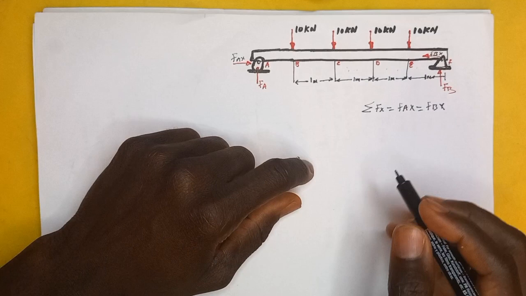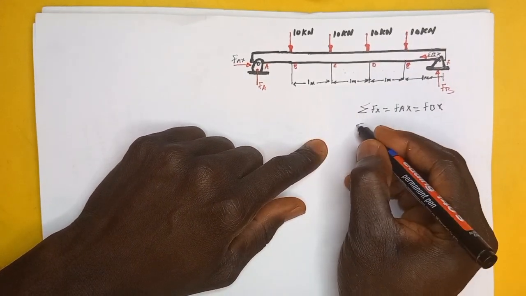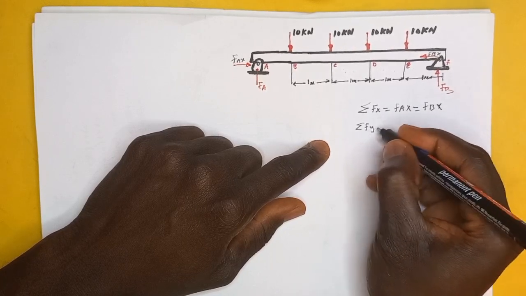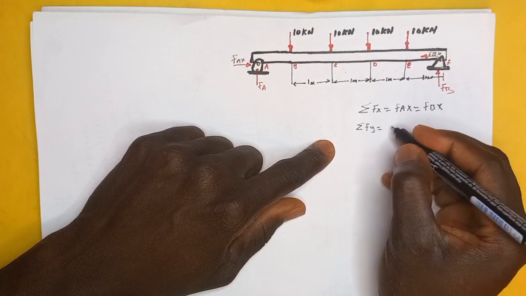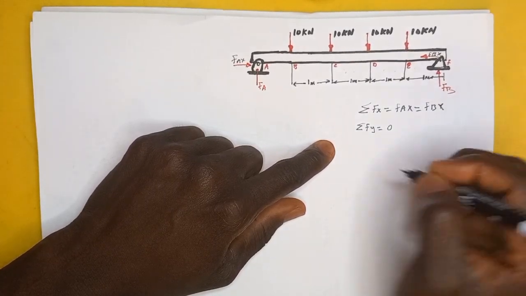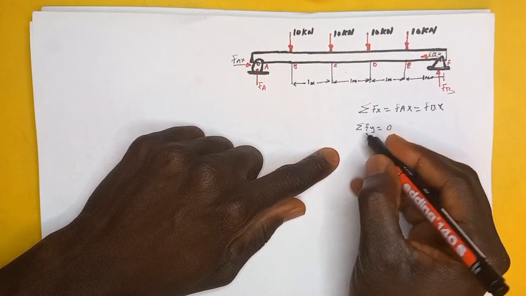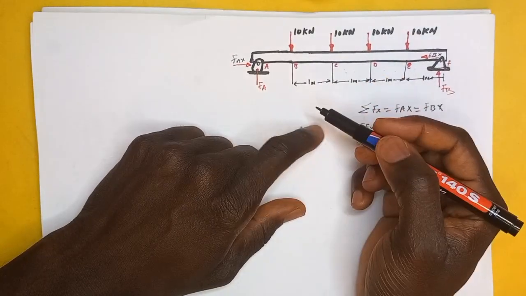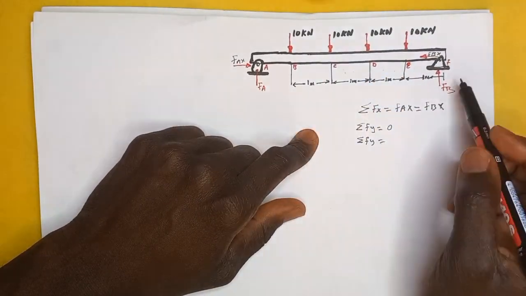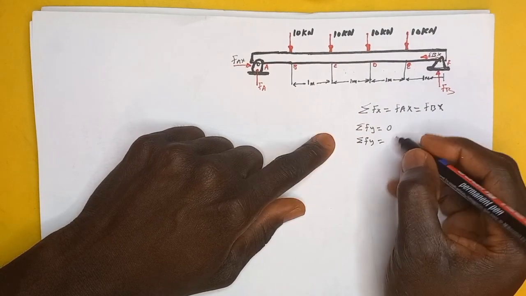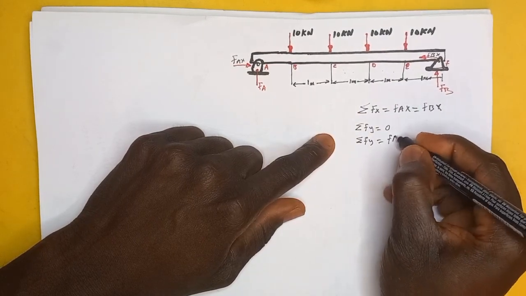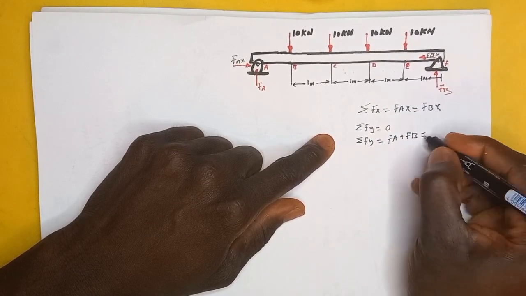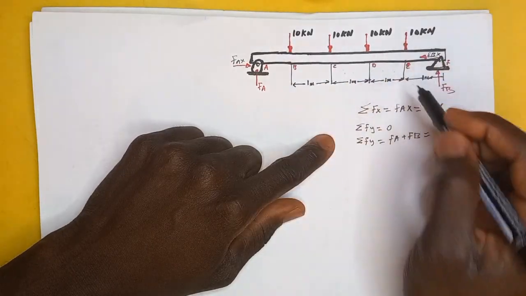So that equation is going to be the sum of the forces in the y direction, which should also be equal to 0 here, and adding these forces together, we have FA and FB pointing up, so it's going to be FA plus FB is going to be equal to these forces that are pointing down.